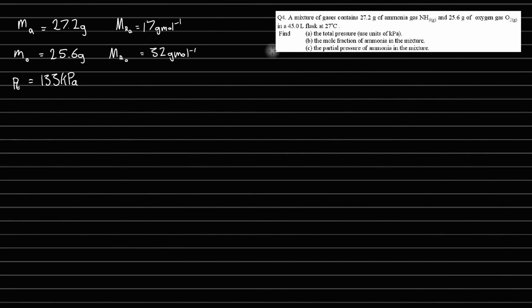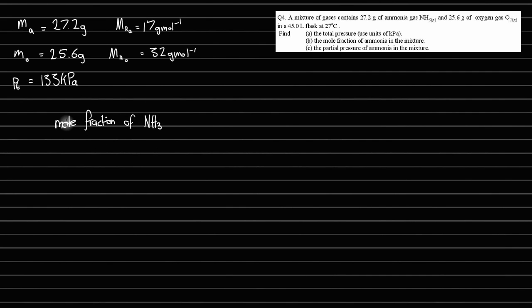So moving on to part B, I've just jotted down our pressure total that we've just found out to be 133 kilopascals, and I've also jotted down the molar masses that we calculated. In part B, we're asked to find the mole fraction of ammonia in the mixture. So we can say that then the mole fraction of ammonia, NH3.